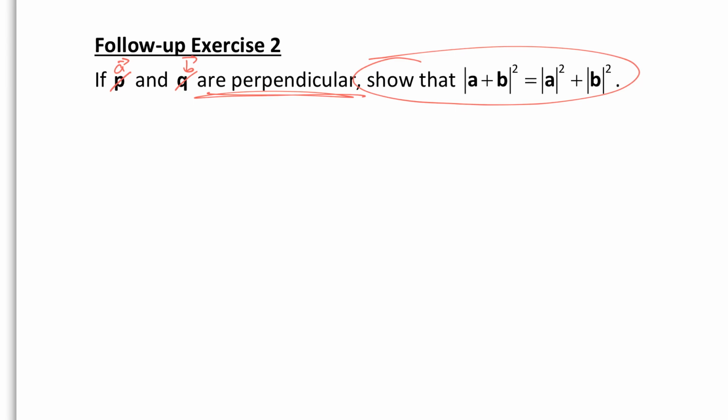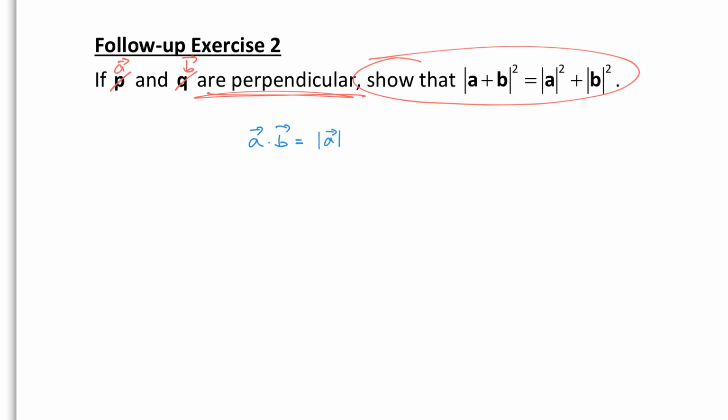Okay, let's check the answer together. Maybe first you need to think about how to apply this information. If A and B are perpendicular, what information do we have? This topic is related to the dot product.